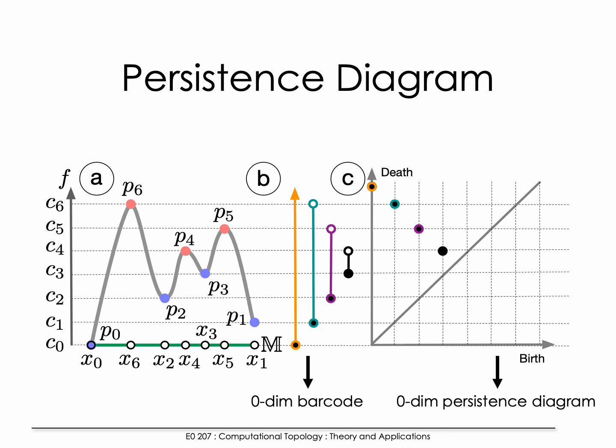So the x equal to y line, the diagonal, corresponds to all features that die at the same time that they are born. So naturally, all the relevant or interesting critical point pairs will lie above the x equal to y line.